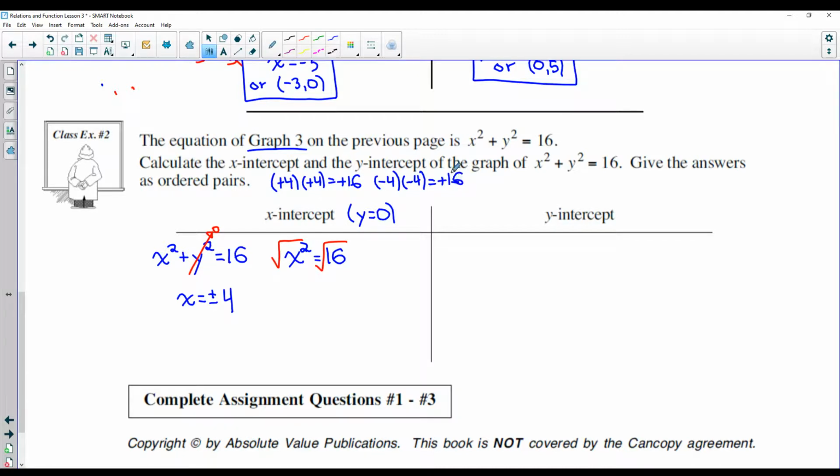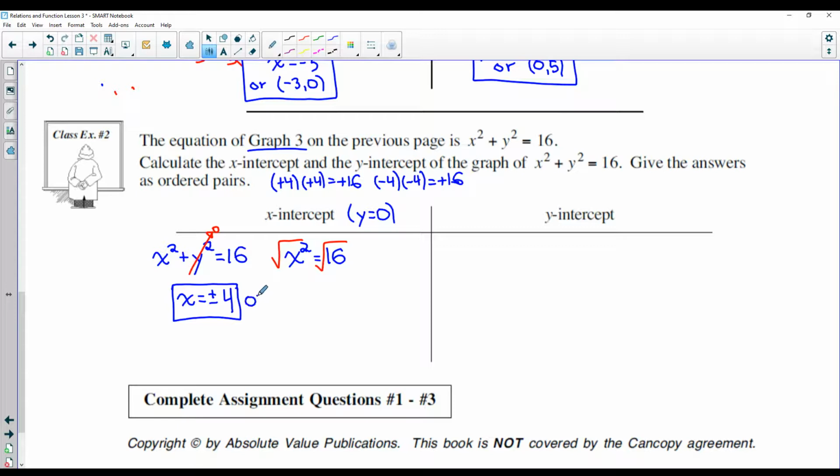In our unit of study, when we were dealing with radicals, we only looked at the principal square roots. The principal square root meant just take the positive one. But in this situation here, we actually need to look at both of them because we have two x-intercepts. We have one at positive 4 and we have one at negative 4.